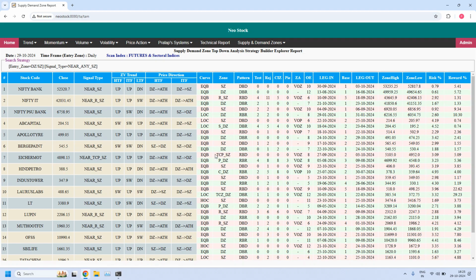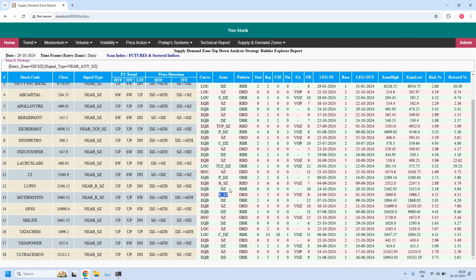HR Motor is having a high liquidity daily supply zone. Next, Lupin is having a daily high liquidity supply zone. Next, Muthoot Finance is having a high liquidity daily supply zone.